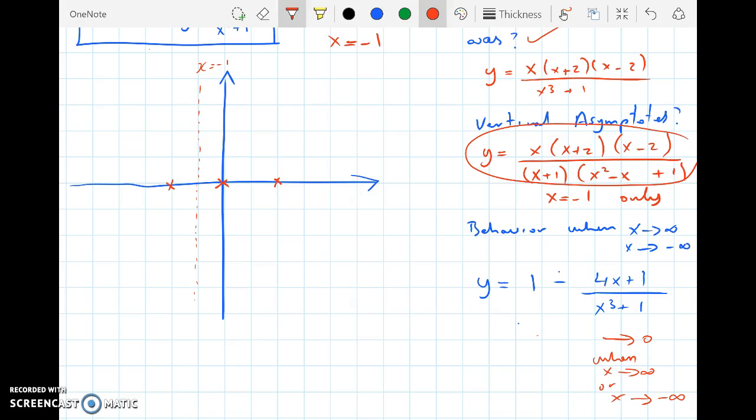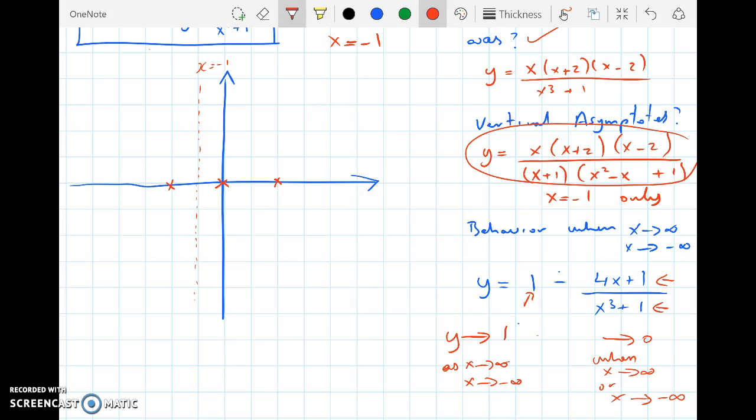They're both getting larger, obviously, but the bottom is dominating this expression, so that's going to tend towards 0. So that's telling us that y tends towards 1 as x tends towards infinity or x tends towards minus infinity.